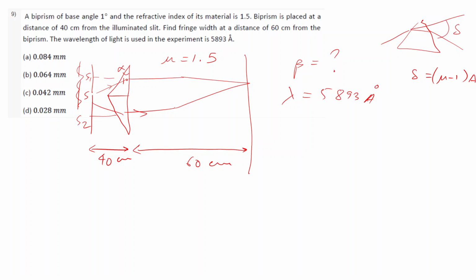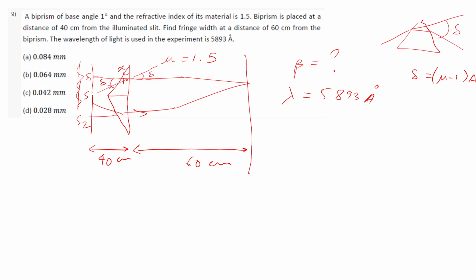Now this is the emergent light, and if we take it backwards, it comes from this source, and this is the original path. So this is the angle of deviation.